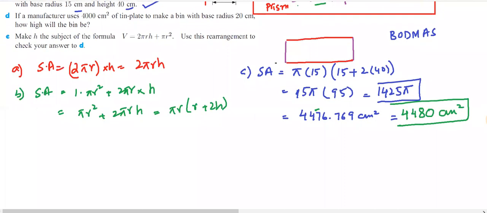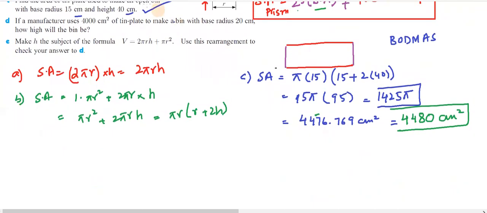Up next is part D. If a manufacturer uses 4,000 square centimeters of tin plate to make a bin with base radius 20, how long will the height be? So I guess the same formula has to be used, except our new information for part D is that the total area to be used is 4,000.